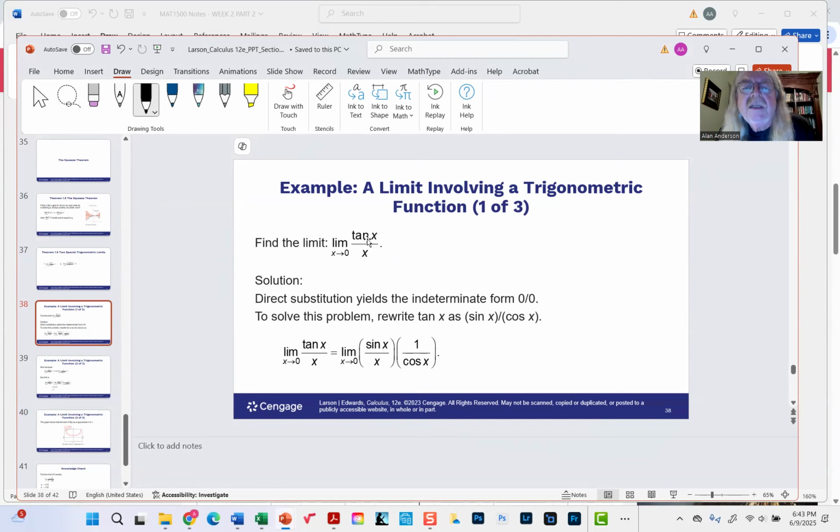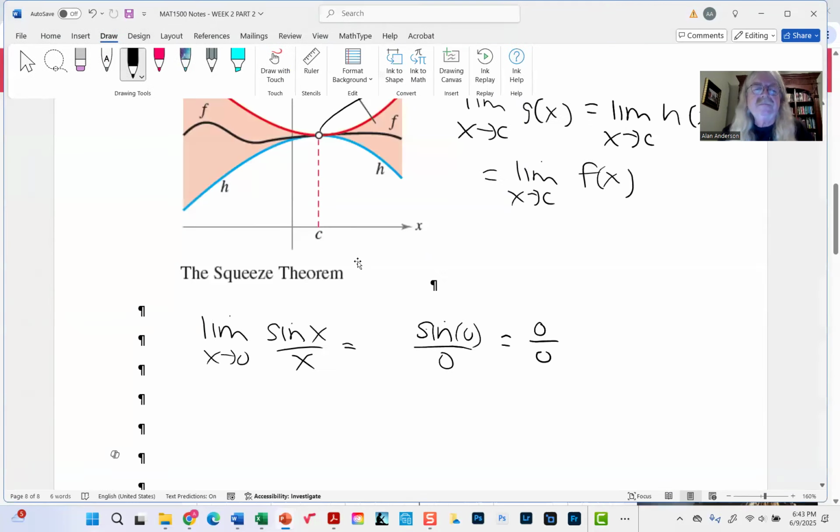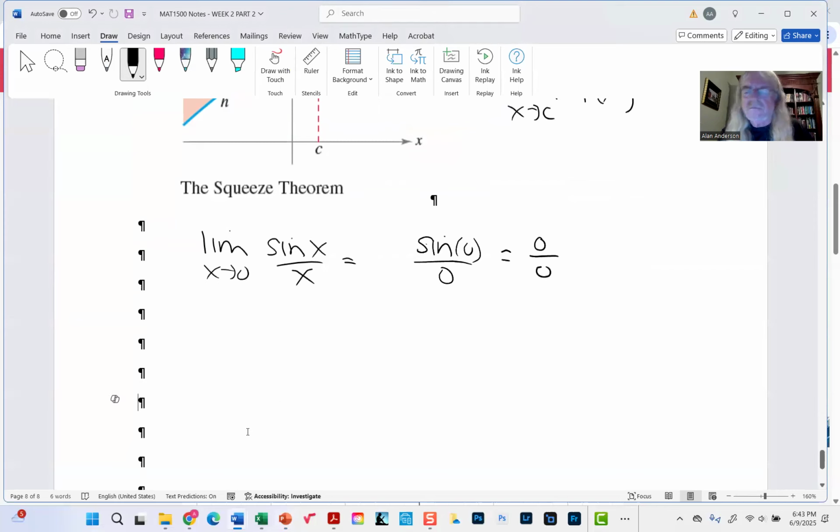The limit. Now the tangent, the good thing about the tangent is that we can rewrite it if we need to, as the sine over the cosine.